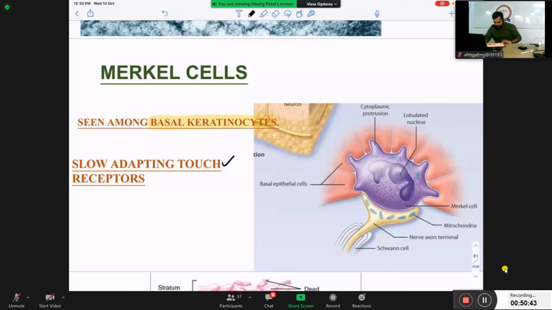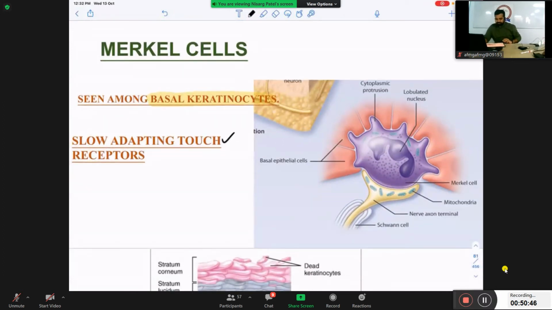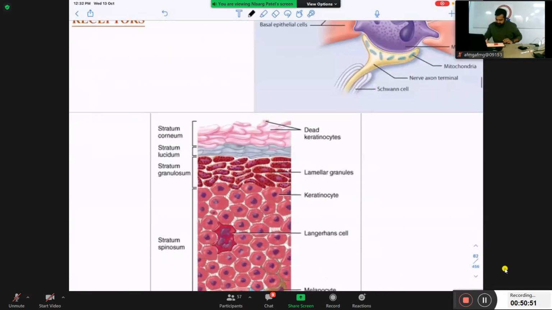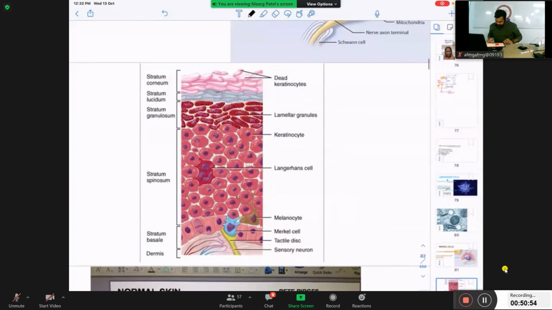Slow adapting touch receptors. बस दो लाइन ही इसमें.